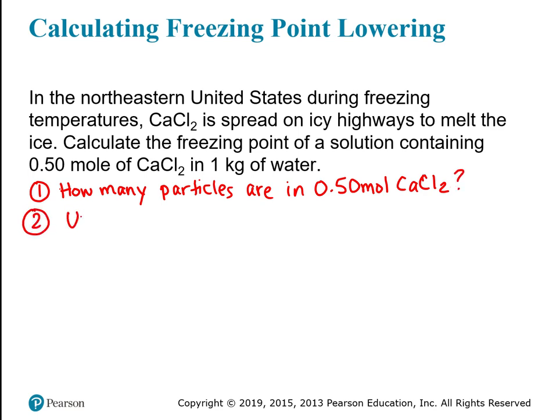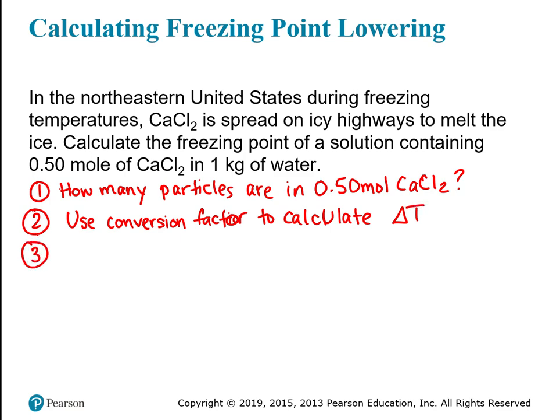Then we're going to use our conversion factor to calculate our change in temperature, which we're going to call delta T. Finally, we're going to subtract our delta T from the freezing point of water.